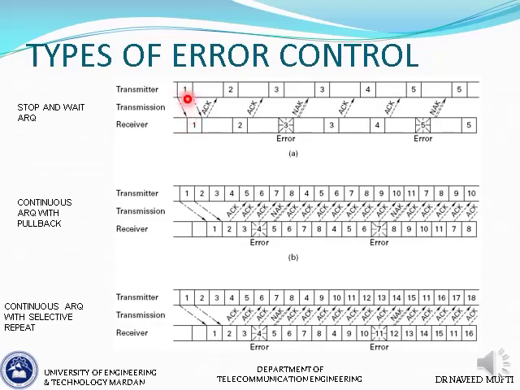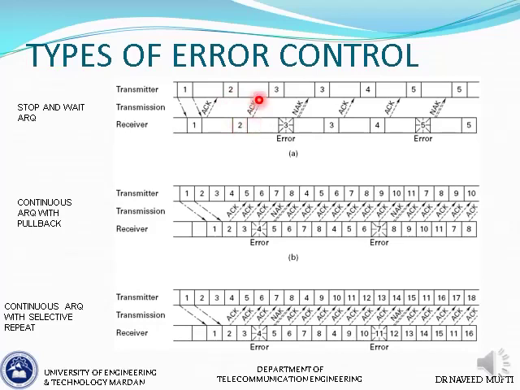Once that block of bits or that single bit is received successfully, the receiver sends an acknowledgement. The acknowledgement is received by the transmitter, and then it transmits the second bit or the second block of bits, and when it sends that, then it is received and its acknowledgement is sent.